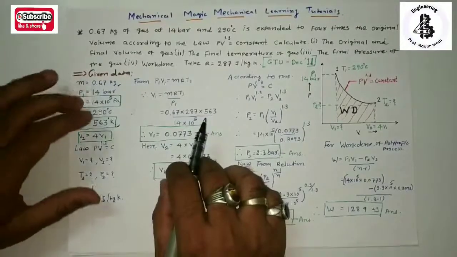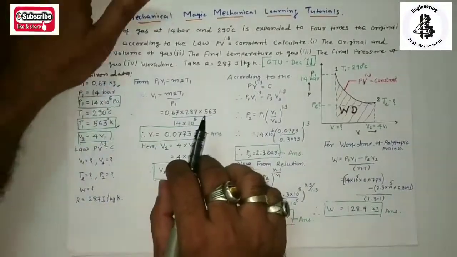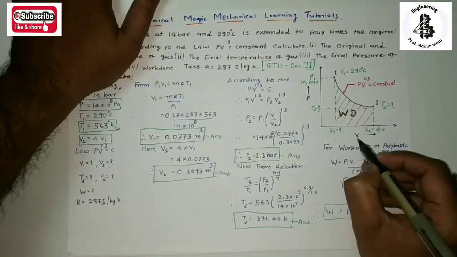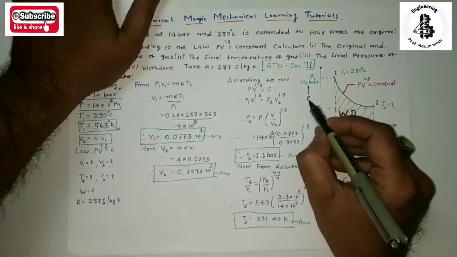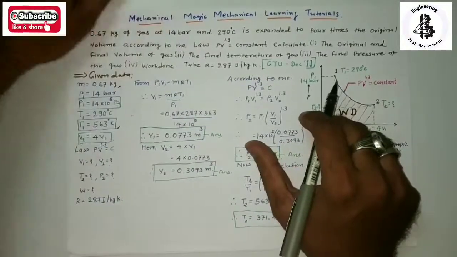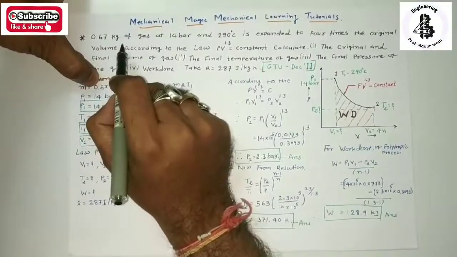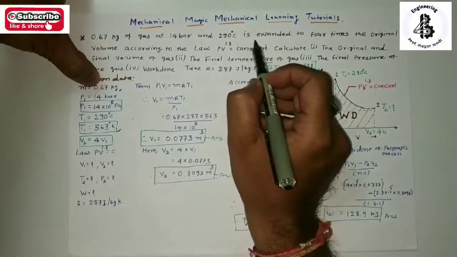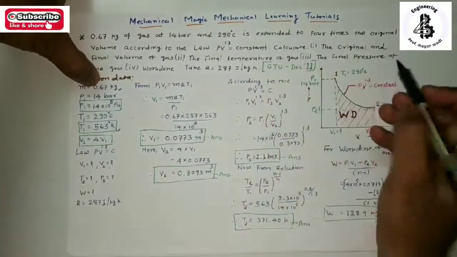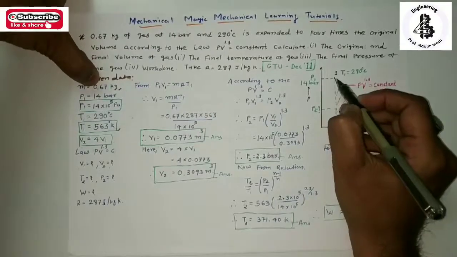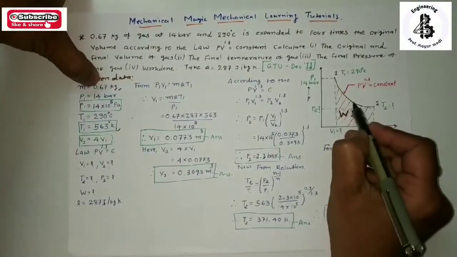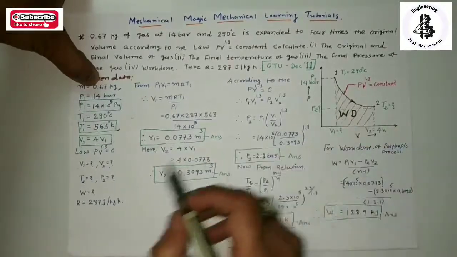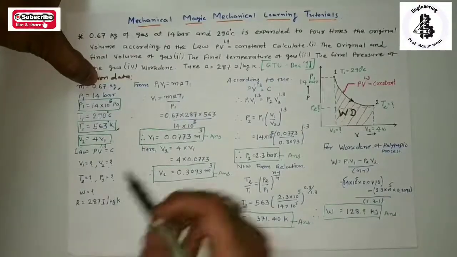So from the data, let us see the PV diagram of the problem. Here the x-axis is volume and the y-axis is pressure. From the initial conditions, 0.67 kg of gas at 14 bar and 290 degrees centigrade is expanded. Point 1 is here, and it is expanded to point 2, so it will look like this. That is the expansion by the polytropic process.